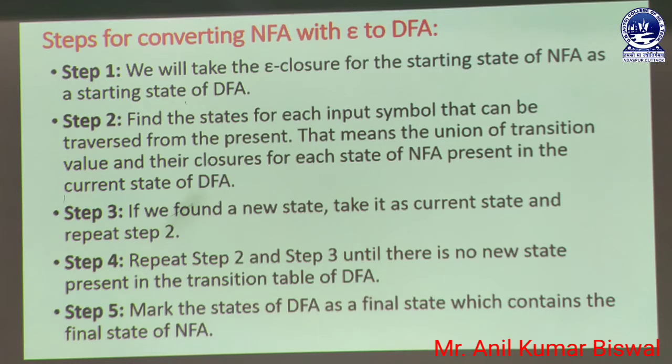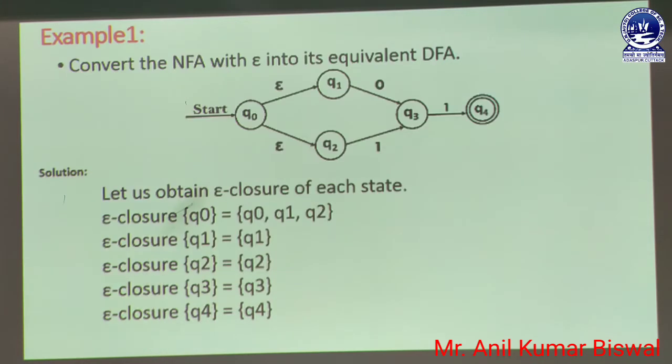In that conversion, the NFA contained some epsilon transitions, but here we are going to discuss how to convert that epsilon transition to a normal DFA. So in the next slide we have an example of how to convert an NFA with epsilon into its equivalent DFA. That means whenever a user creates an NFA, and that NFA contains some epsilon input symbol, that's an epsilon transition.